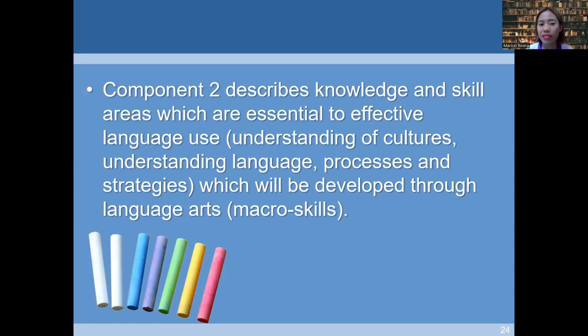And then the processes and strategies on how we could effectively use the language will be developed through language arts. The language arts classes are the macro skills. And you know very well what these macro skills are, right? You have listening and speaking, reading and writing, viewing. Well, there are already 5 macro skills, which are obviously very important.